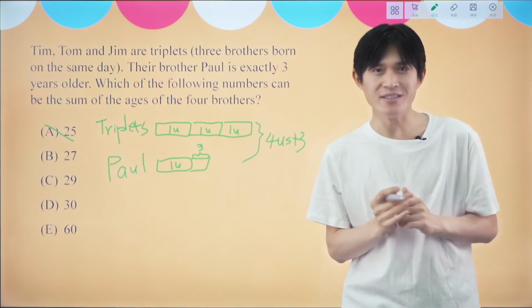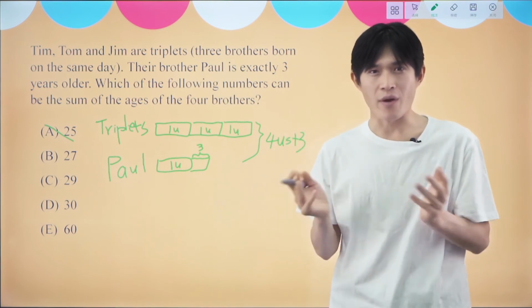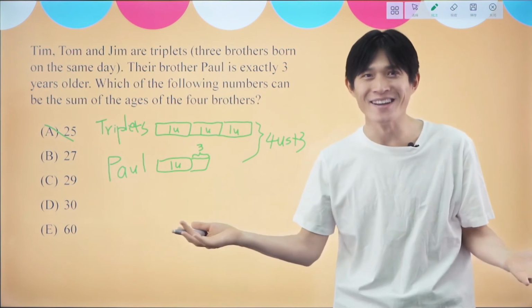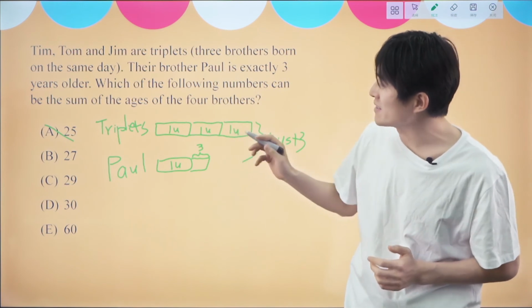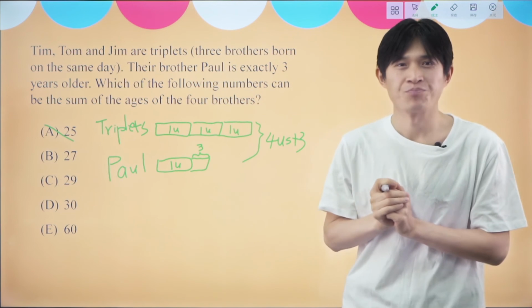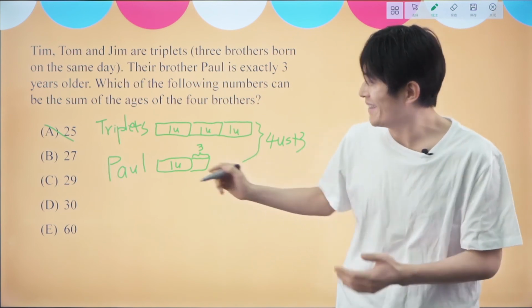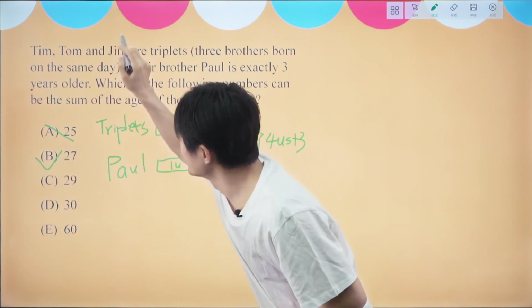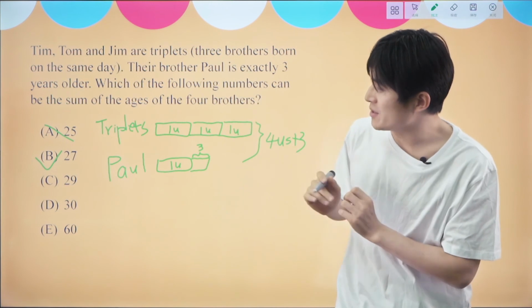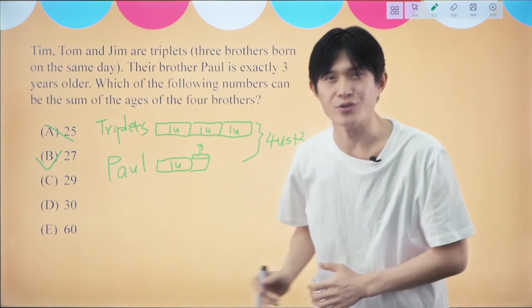How about 27? 27 minus 3 is 24. Is 24 divisible by 4? Of course! So that gave us the value of 1 unit, 6. So 6 times 4 is 24. That must be 27.